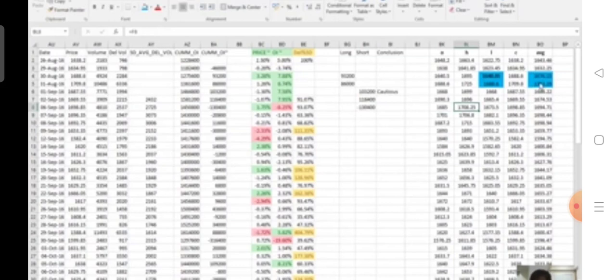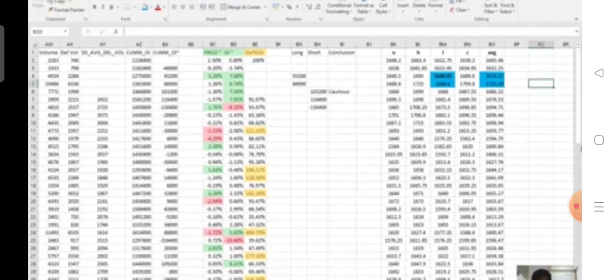But mind you, this price was defended. 1713 was defended. So till the price is not closing above this price, this is an important resistance price and this is an important support price.